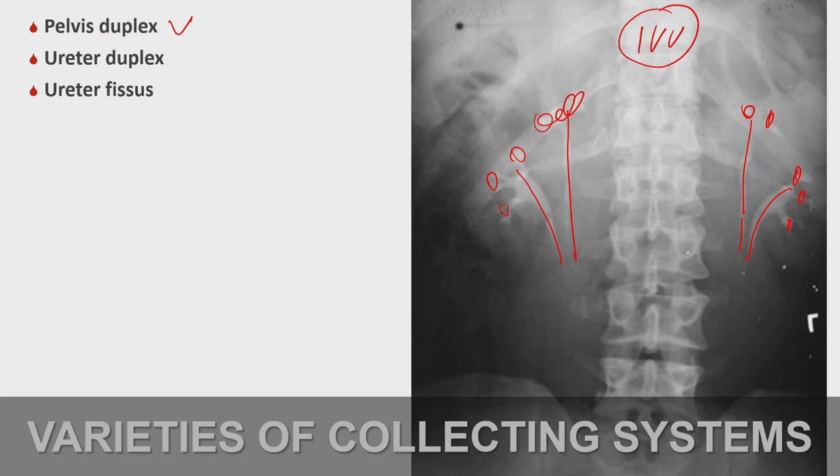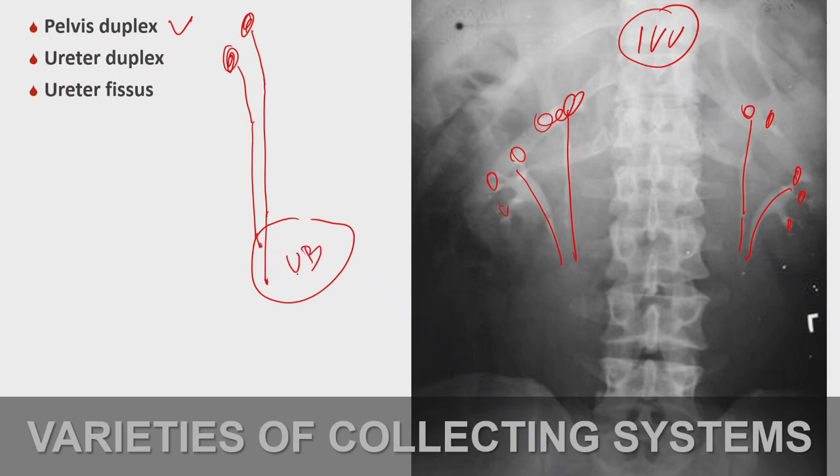Then we could have not only pelvis duplex, but also twice ureters. When ureters are entering the urinary bladder, typically when they are going up to the level of the urinary bladder, we are talking about ureter duplex.